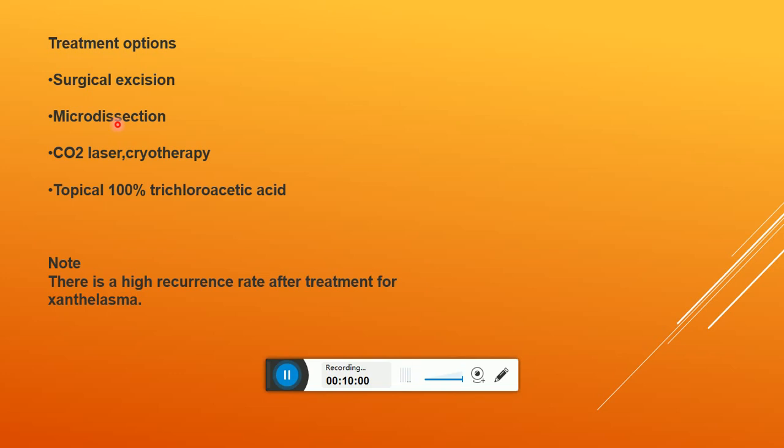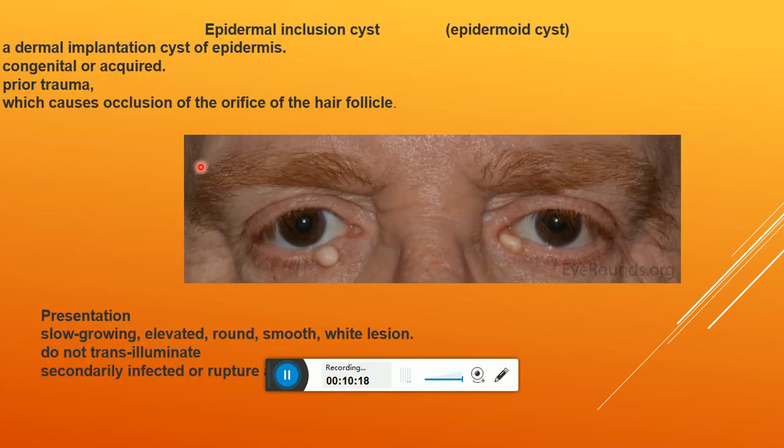Other methods are chemical peeling with bichloroacetic or trichloroacetic acid. Laser ablation and cryotherapy have advantages but may be more prone to scarring, including pigmentary changes.